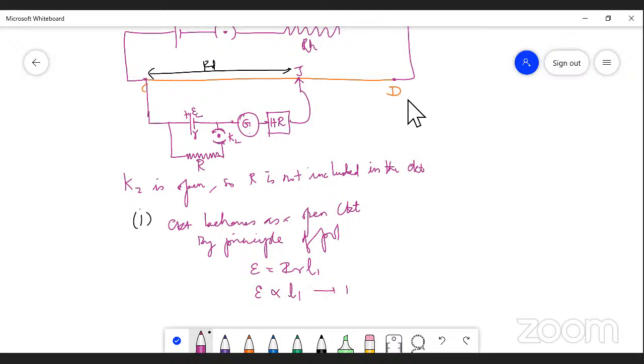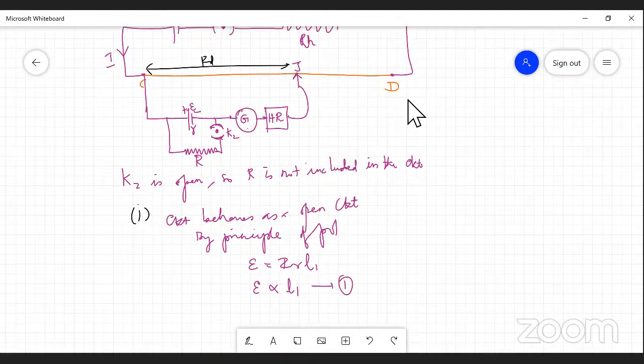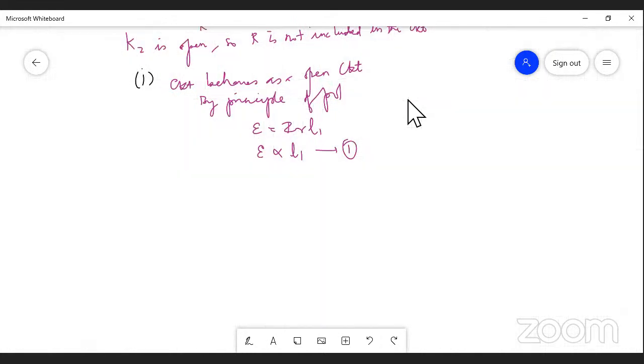Let me say this is equation number 1, where I is the current flowing through the primary circuit. R is the resistance per unit length of the wire. L1 is the balancing length of the potentiometer wire. So E is directly proportional to L1.